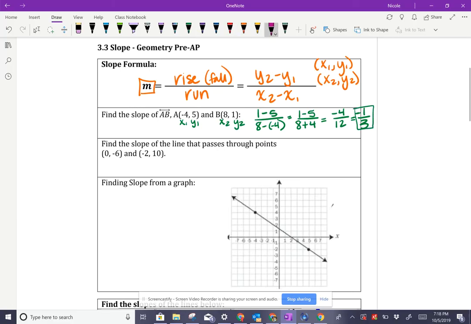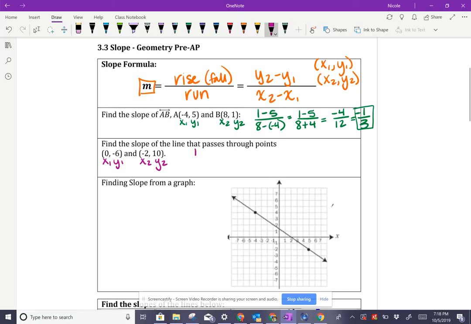Let's try another one. I have the points 0, negative 6, and negative 2, 10. So again, selecting one set to be the x1, y1, one set to be your x2, y2.